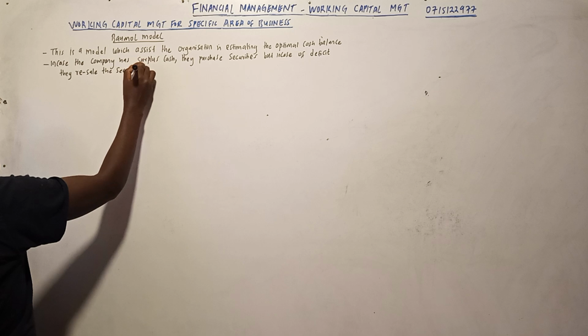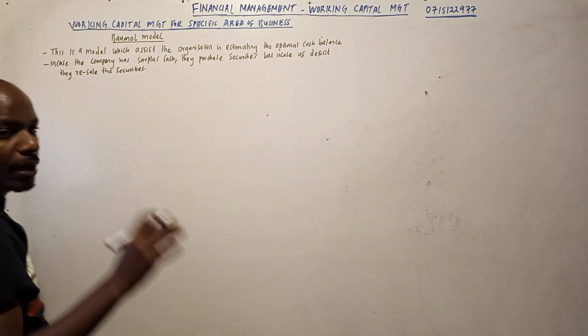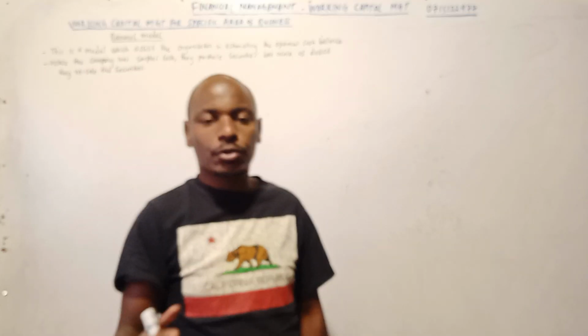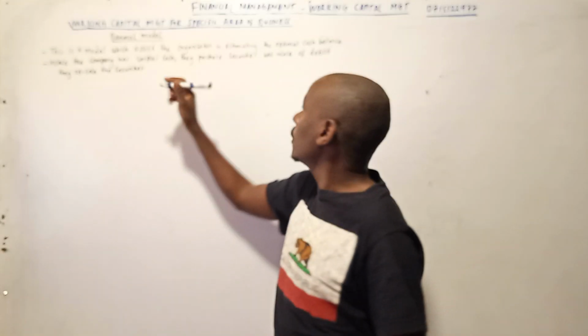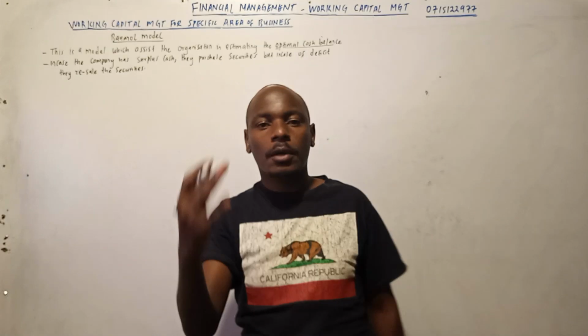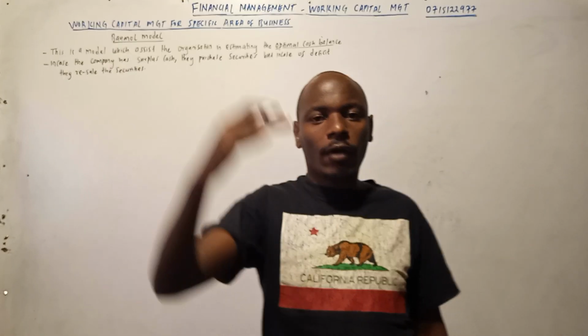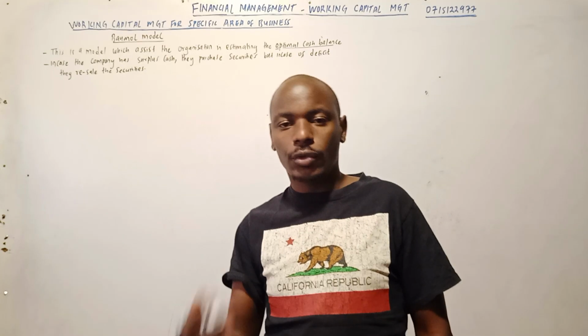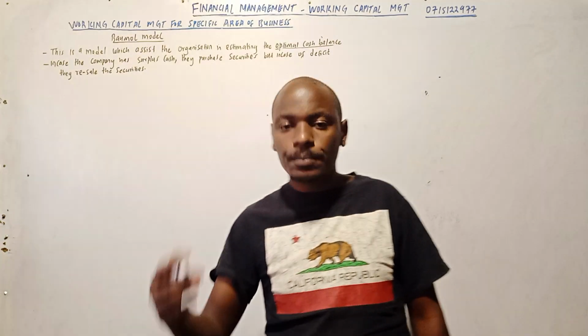So in case the company has surplus cash, more than their optimal balance, remember this model assists us to maintain the optimal cash balance. If we have excess of this balance, we can purchase securities from the security markets.